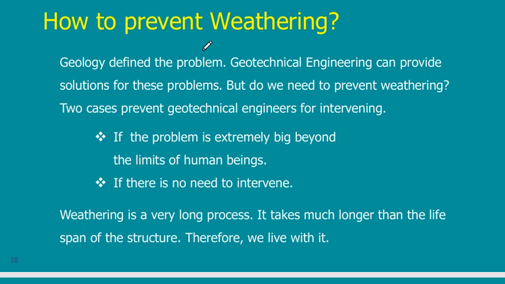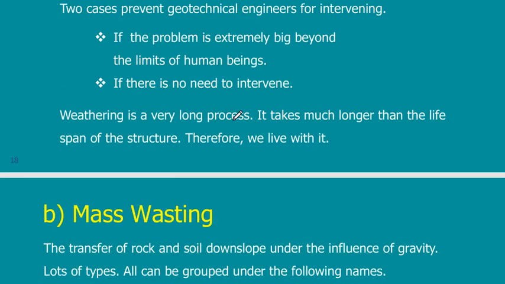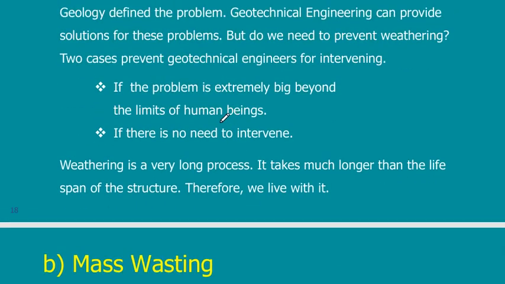I only take it into consideration that some weathering would happen during the lifetime of my building. My factor of safety will cover it. I don't need to prevent weathering. As a matter of fact, I only prevent a geologic feature if it is within my capability.